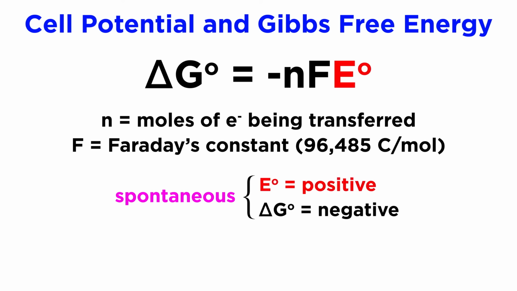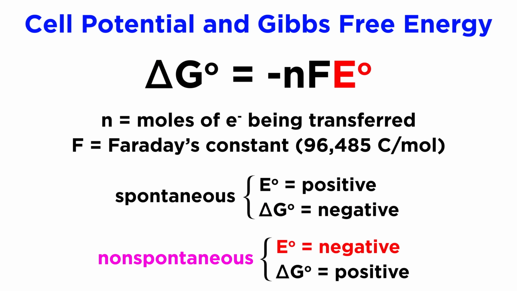This should make sense, since a positive cell potential means a spontaneous redox reaction, such as that found in a galvanic cell, and this negative sign will therefore produce a negative delta G, which also correlates with spontaneity. A negative cell potential means a non-spontaneous redox reaction, like that found in an electrolytic cell, and the negative sign will produce a positive delta G, which also correlates with non-spontaneity, hence the need for the application of an electric current to drive the reaction.